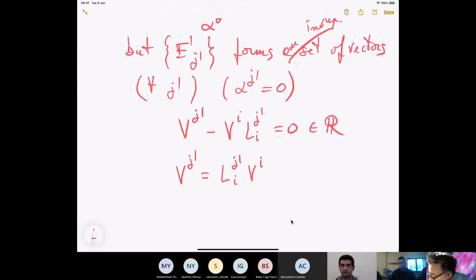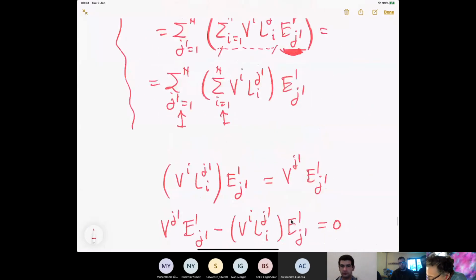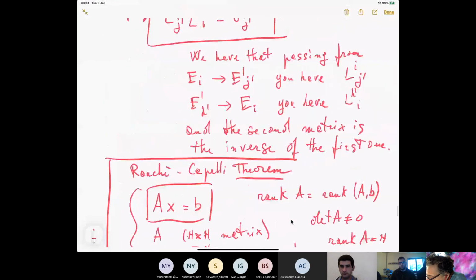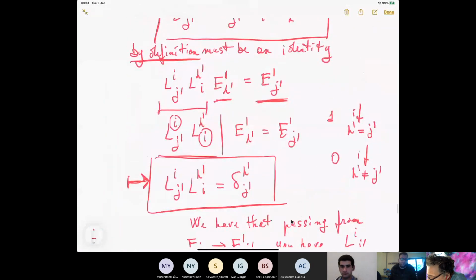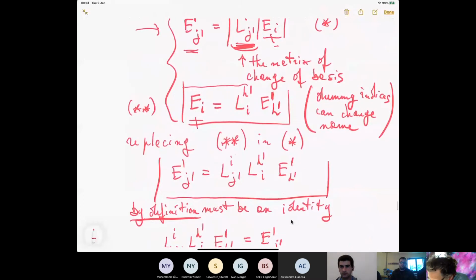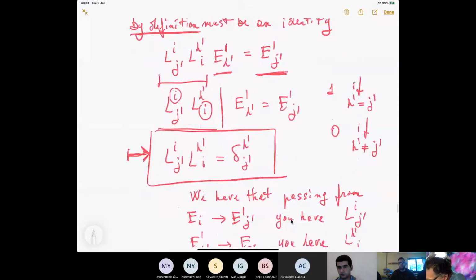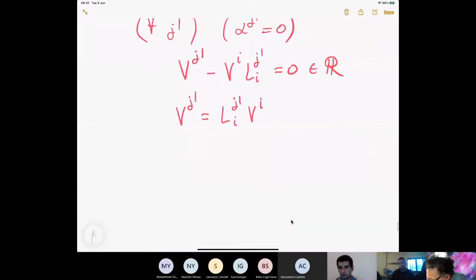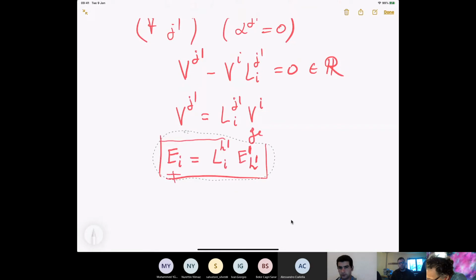Now, let us copy the formulas of transformation. So let's go back. And I copy this formula of transformation. I clean up this.